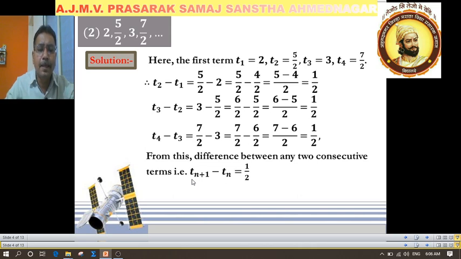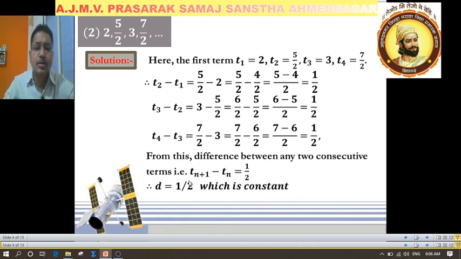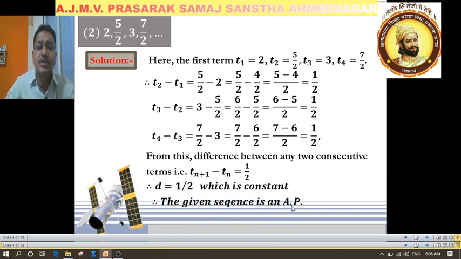So according to the definition, D is equal to 1 half, which is constant. So according to the definition of arithmetic progression, the given sequence is an arithmetic progression and the common difference D is equal to 1 half.